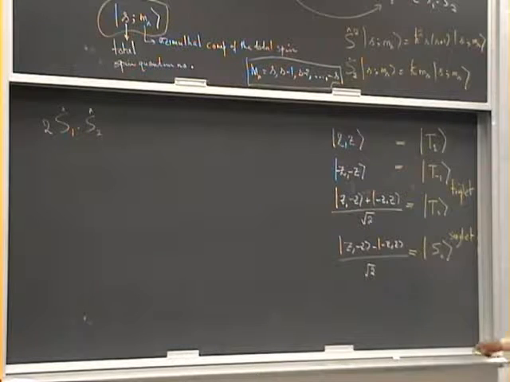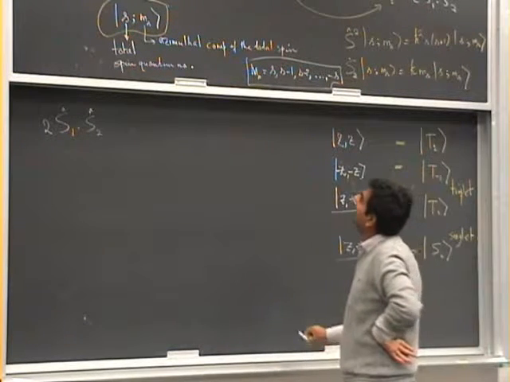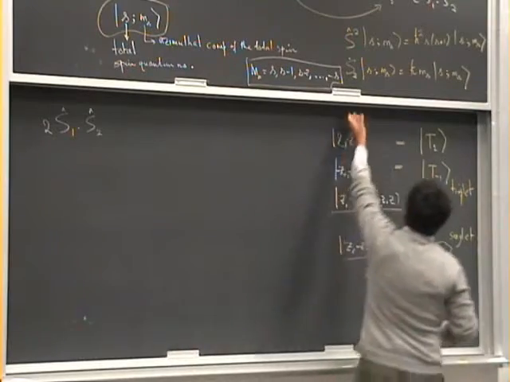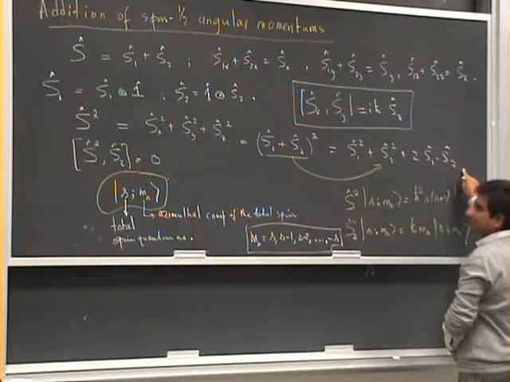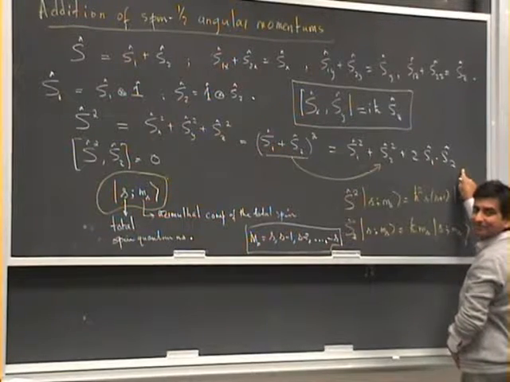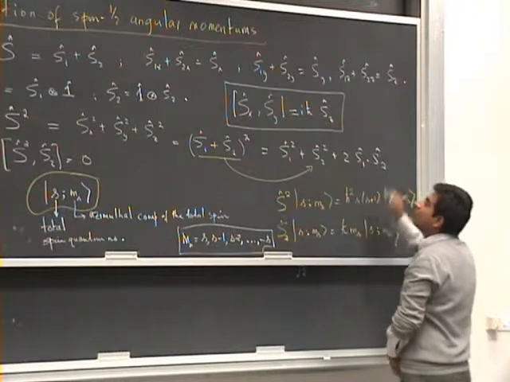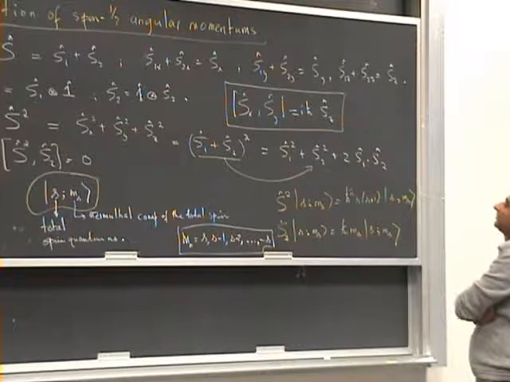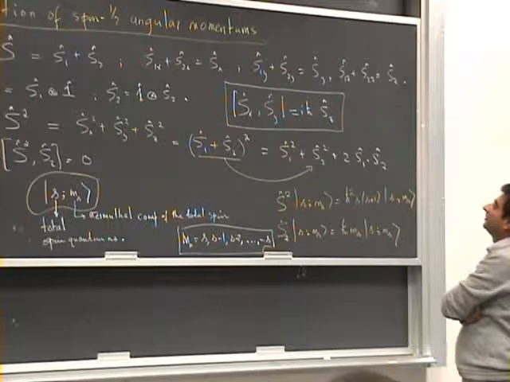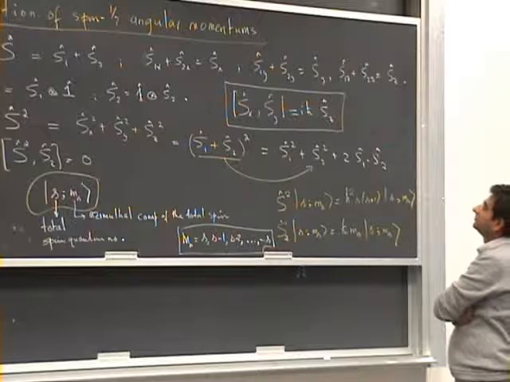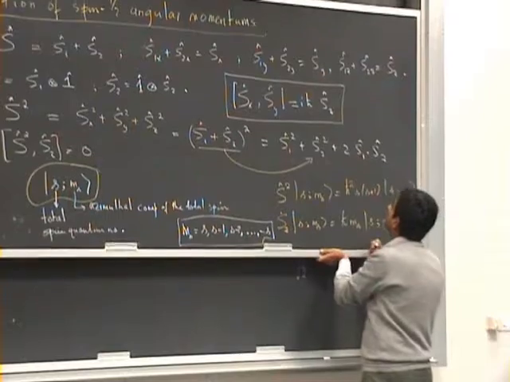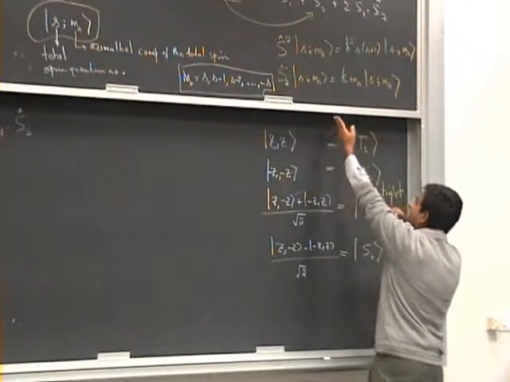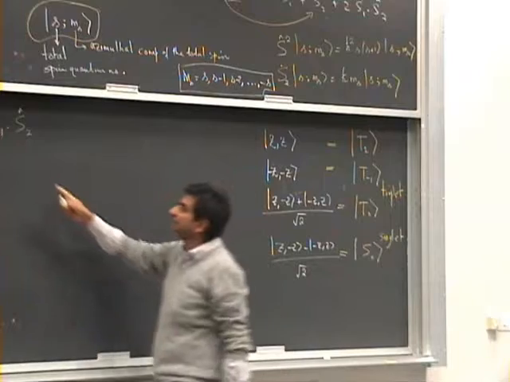Okay? Now I would like to find eigenstates of S squared. My S squared is given by this: S1 squared plus S2 squared plus 2 S1 dot S2. Now is T1 an eigenstate of 2 S1 dot S2?